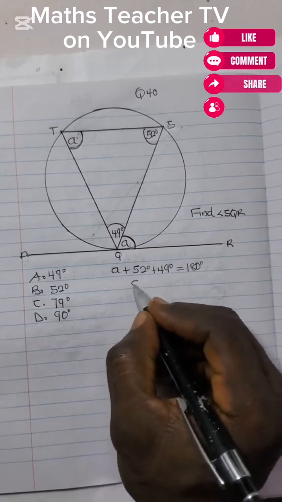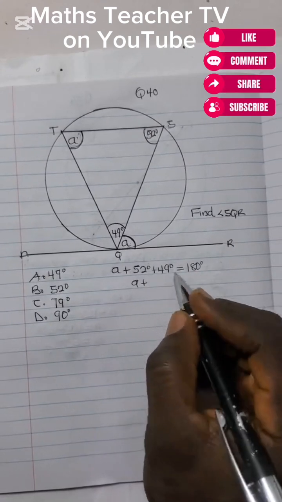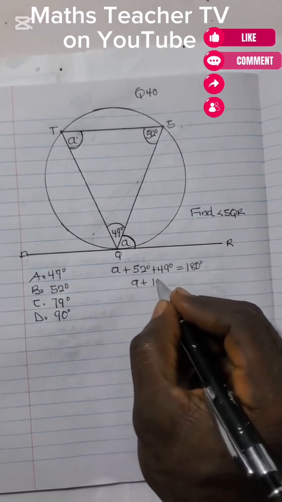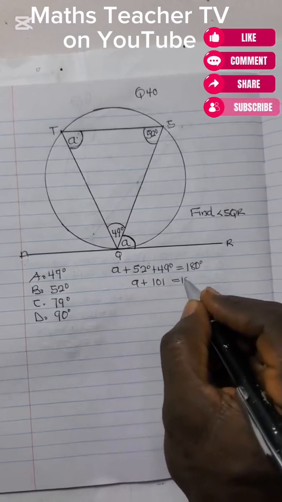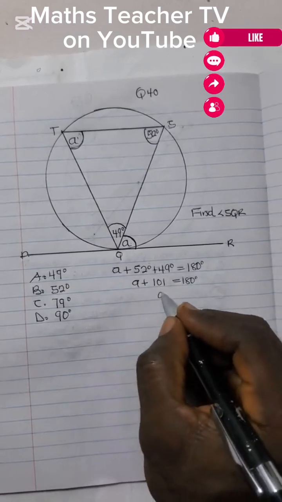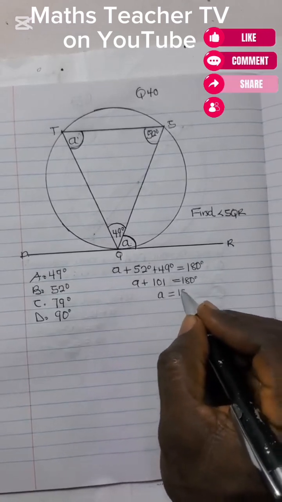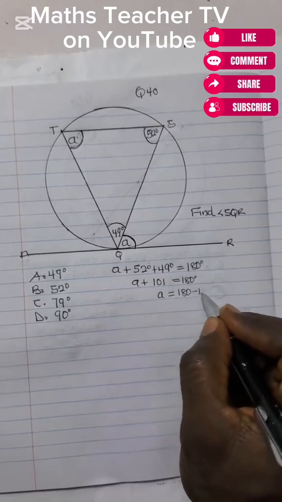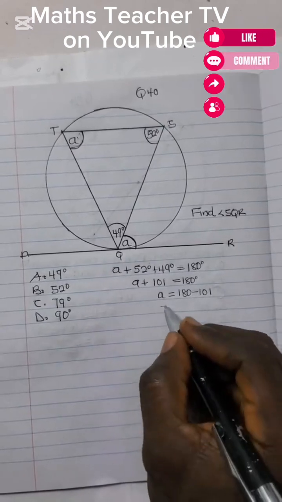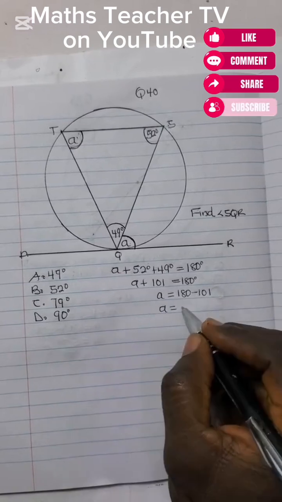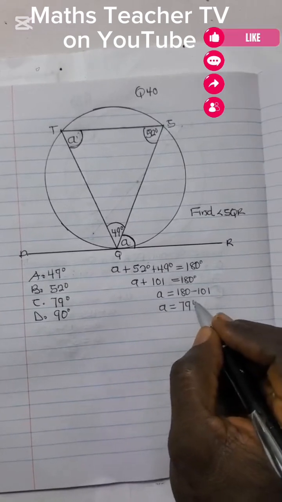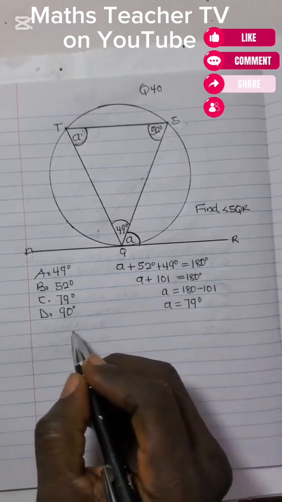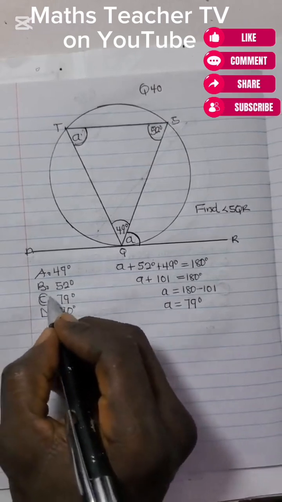So A plus 52 plus 49 will give us 101, and this is equal to 180 degrees. So therefore A is equal to 180 minus 101. So A is equal to 79 degrees, and the correct option for this question is option C.